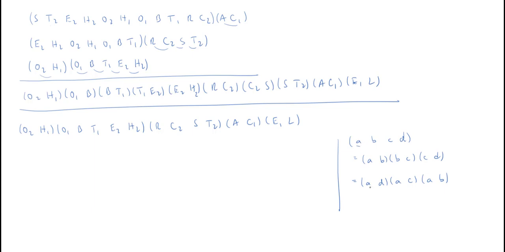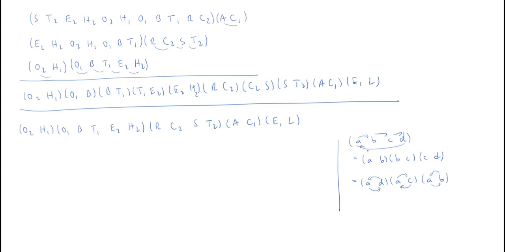So if A, let's see, where does A go? A goes to B, so yep, A goes to B. Where does B go? B goes to A goes to C, so B goes to C. Where does C go? C goes to A goes to D, so C goes to D. And where does D go? Well, D goes to A. Hey, perfect. Okay, so we have another way of doing it.